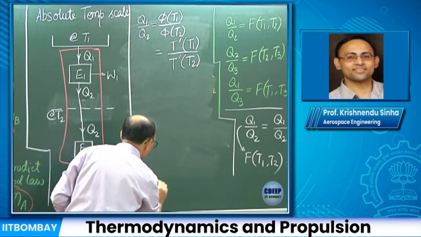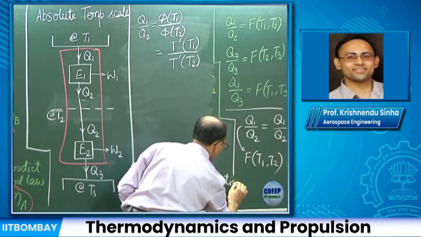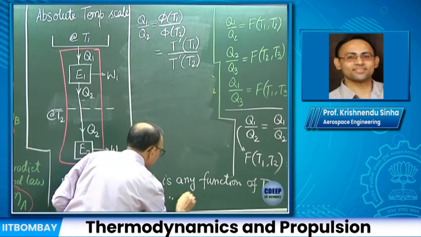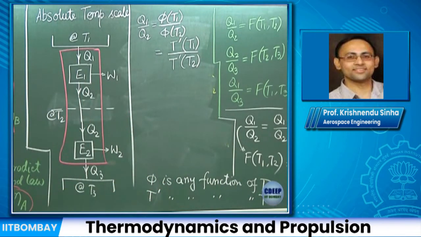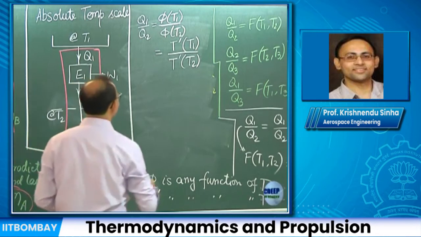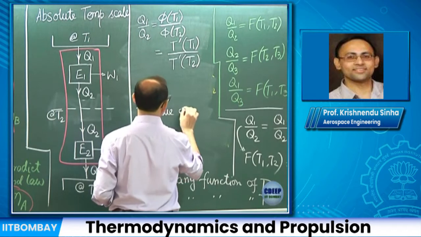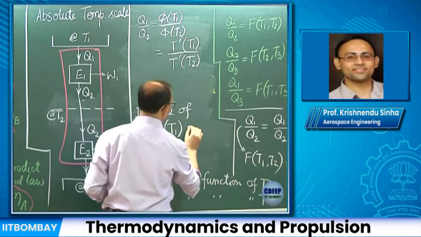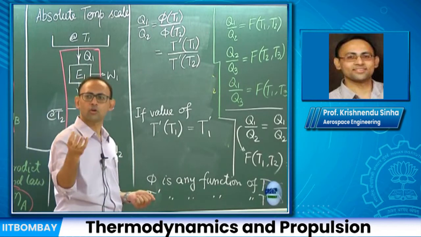So let's write this. Phi is any function of T, and I'm saying T prime is any function of T. It's just a symbol. Agreed? Nothing special I did. Fair enough? And then I'm going to say that the value of that function at T1, I call it T1 prime, no problem.